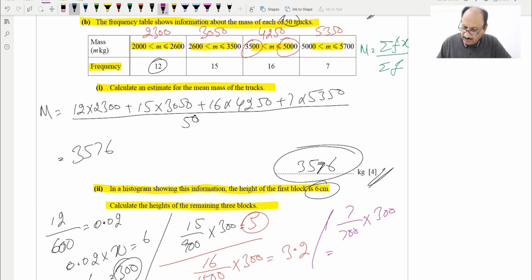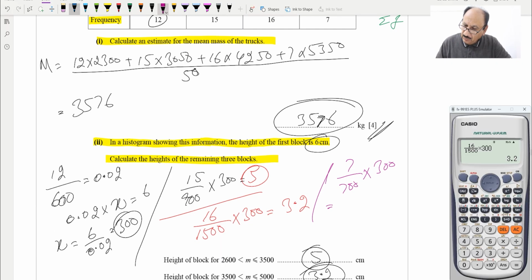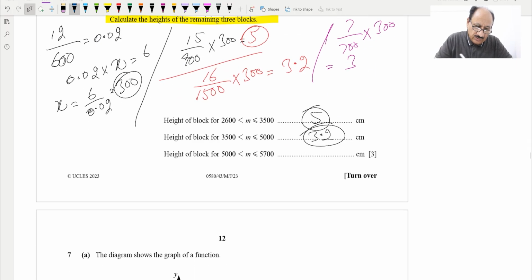So we will get what? This will be 7 divided by the class width, and the multiplier is 300, and this is giving us 3. So our answer will be 3 over here, and this was for 3 marks.